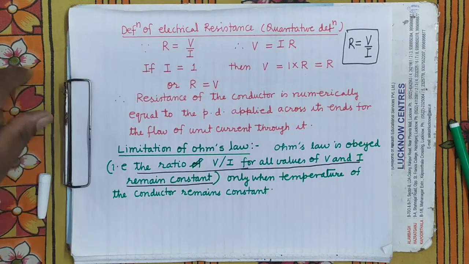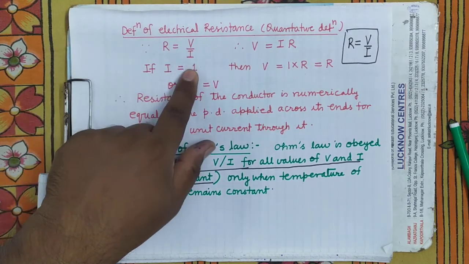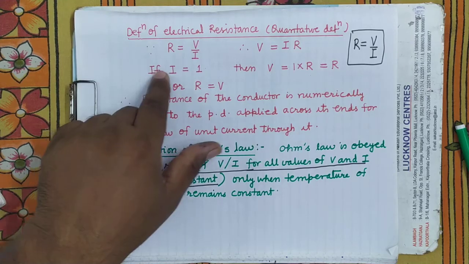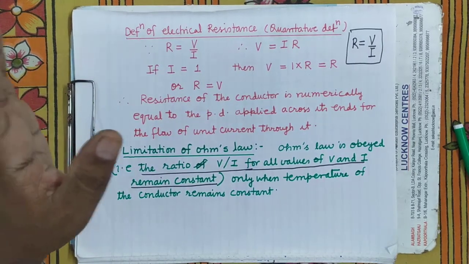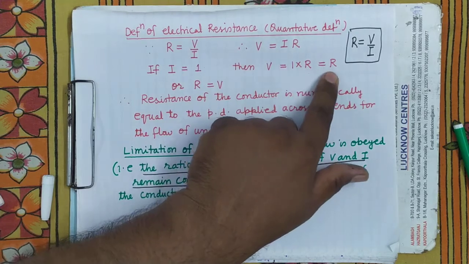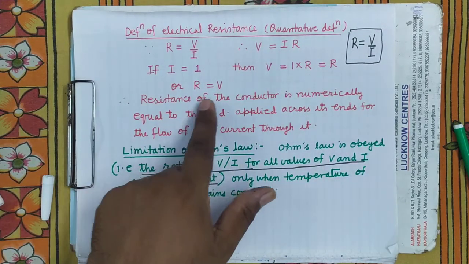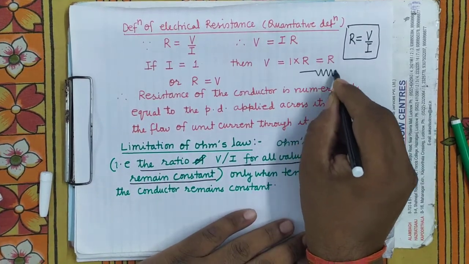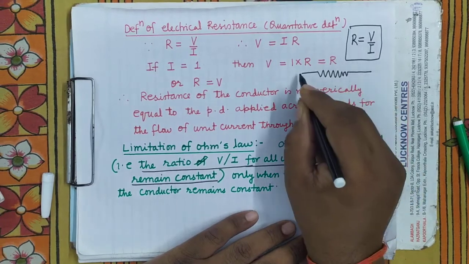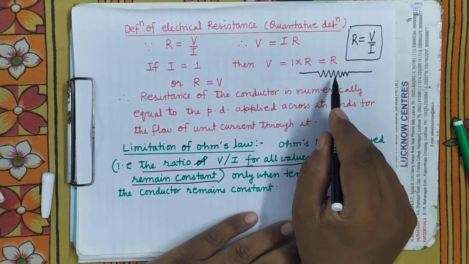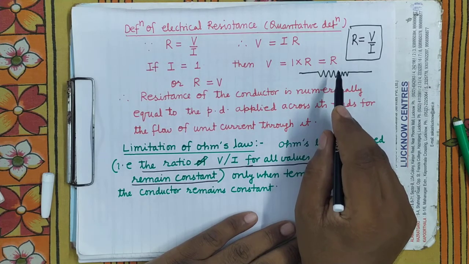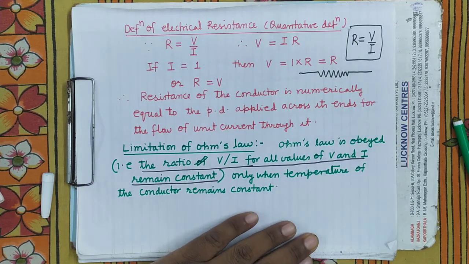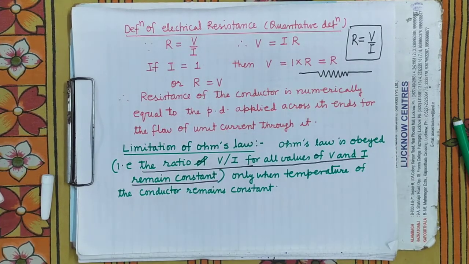Now in the other way, since R equals V upon I, we can write V equals I into R. If I equals 1 ampere, then V will be equal to 1 into R, that is R. So R equals V. We can say that the resistance of an electrical conductor is equal to that potential difference which is required to produce a current of 1 ampere.